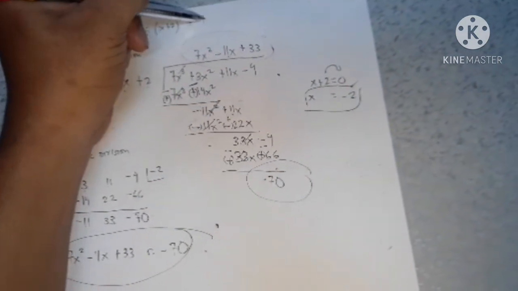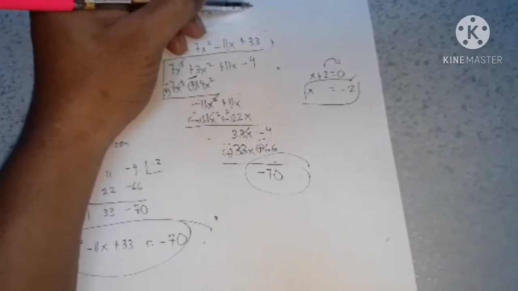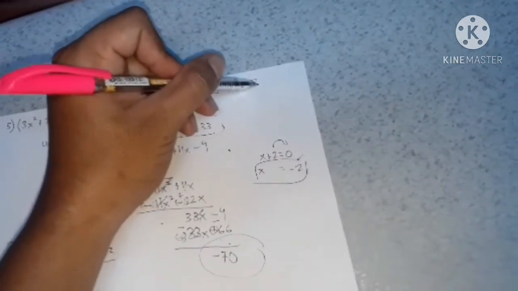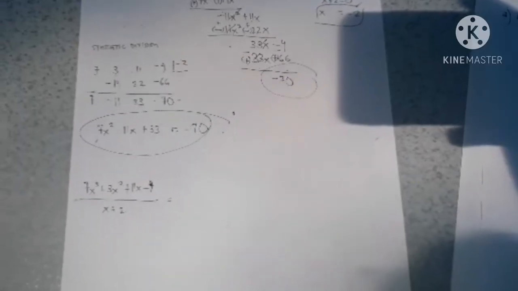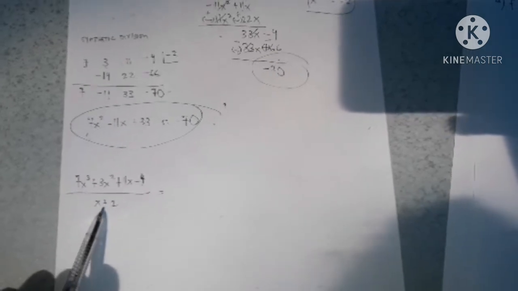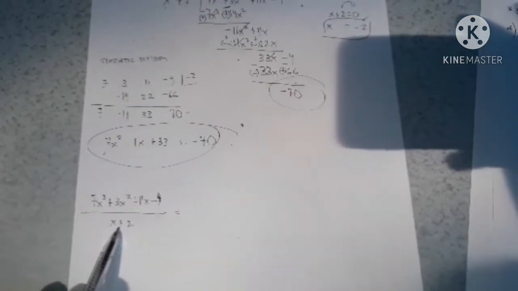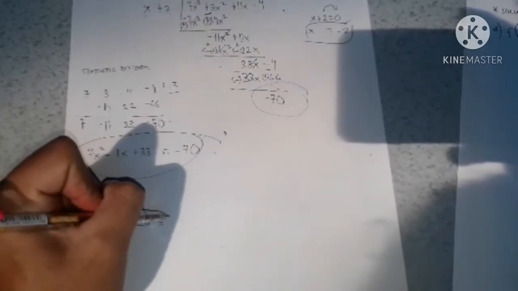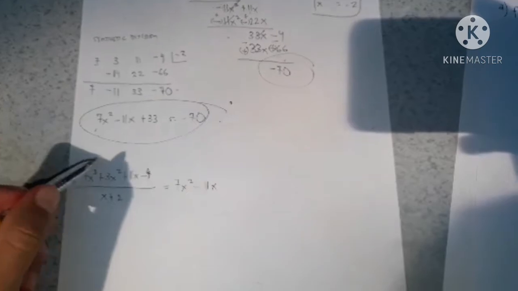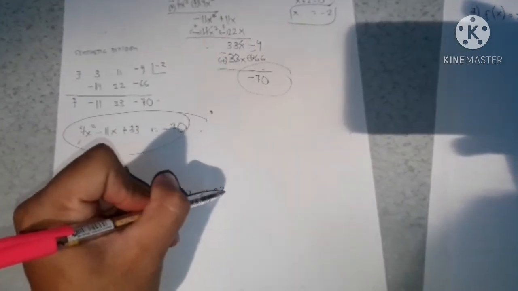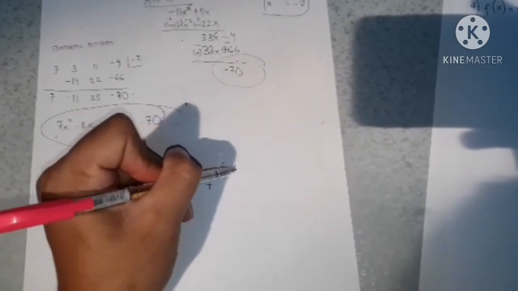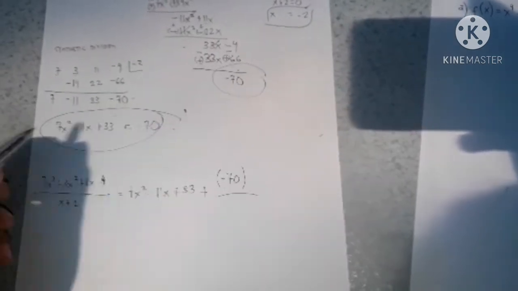So that is 7x squared minus 11x plus 33. Remainder negative 70. Okay, so lastly, huwag niyo kakalimutan i-express yung sagot in this form. So dividend divided by the divisor is equal to the quotient which is 7x squared minus 11x plus 33, and then plus the remainder, which is negative 70 over the divisor.